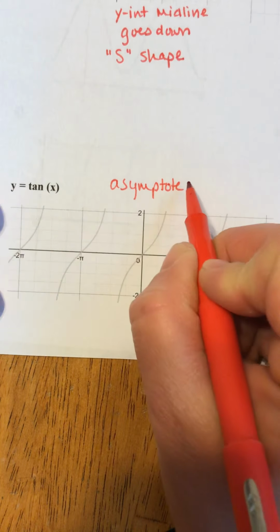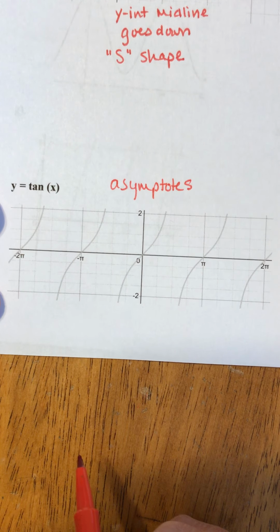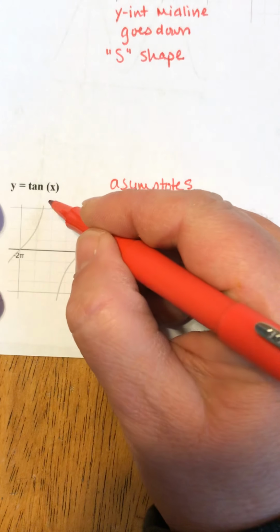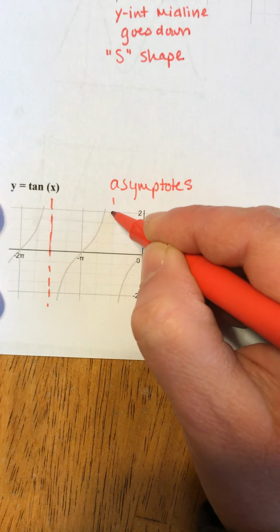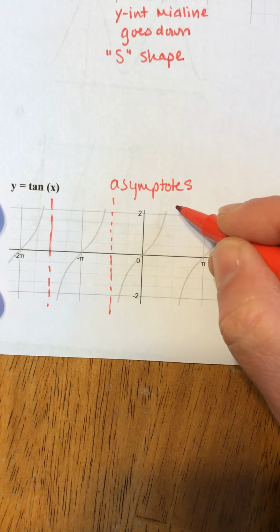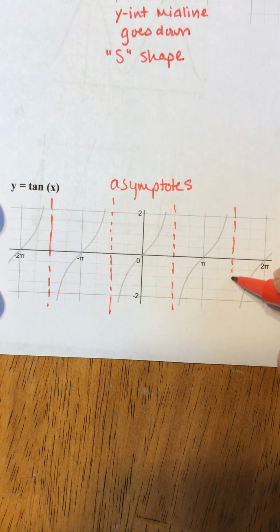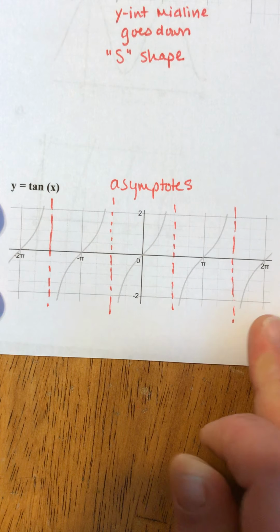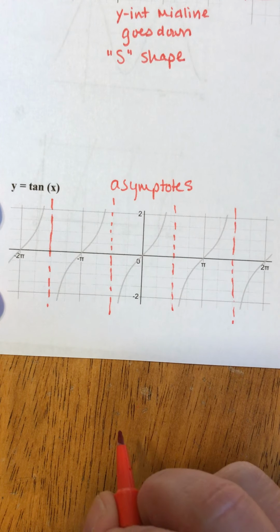It has asymptotes, and usually more than one, so that's a good indicator that you're looking at a tangent graph. What does an asymptote mean? It means a place where there is no value, a hole in the graph. These dotted lines are all asymptotes. The graph does not exist there. We don't have a cup or an S shape that hovers around the x-axis.